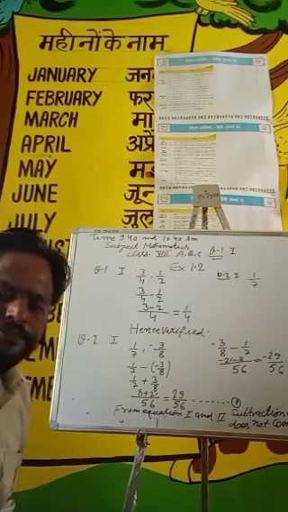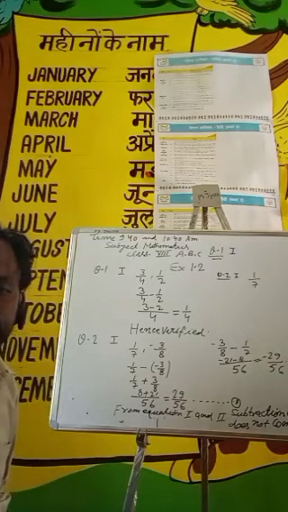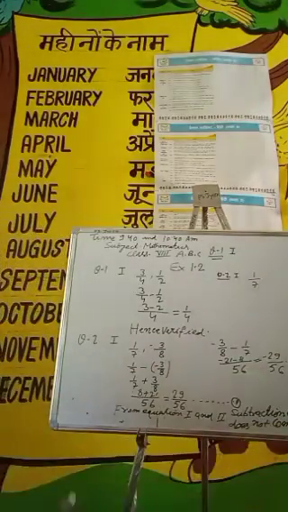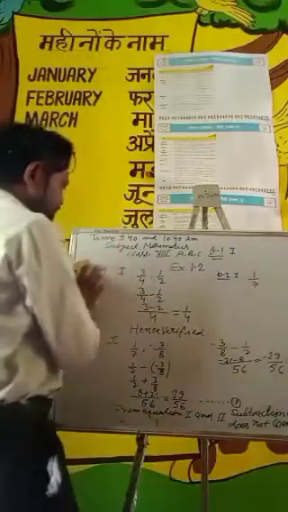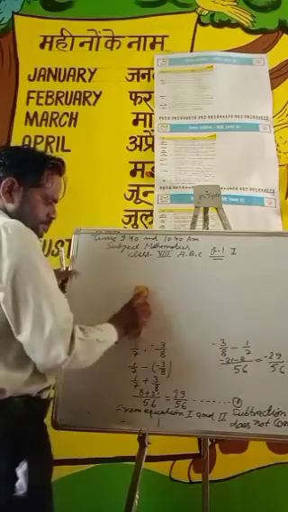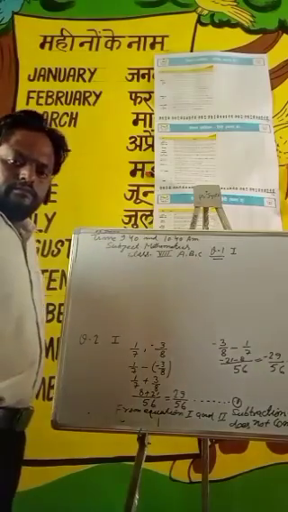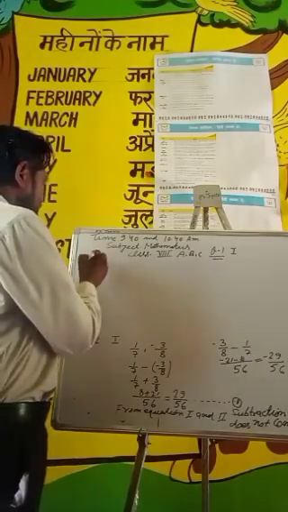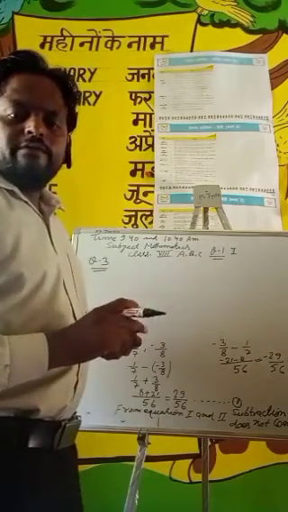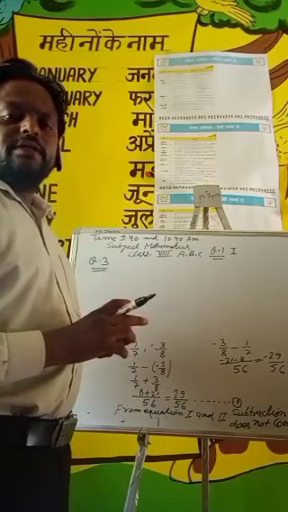Question number 3. Verify the following rational numbers, that the subtraction of rational numbers is not associative.